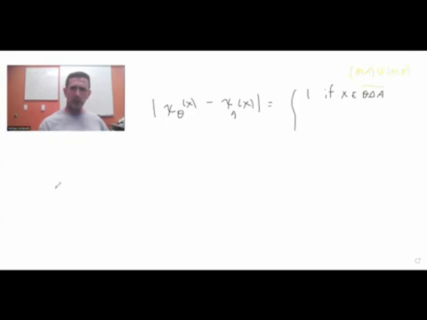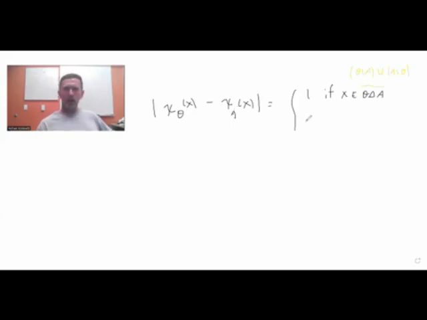Why is this true? If x is in theta but not in A, then it's 1 minus 0, absolute value is 1. If x is in A but not in theta, then the absolute value of 0 minus 1 is still 1.